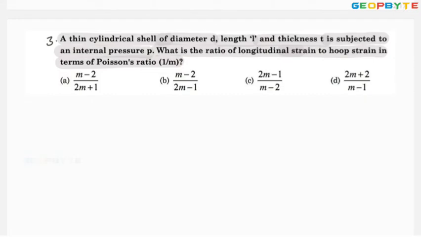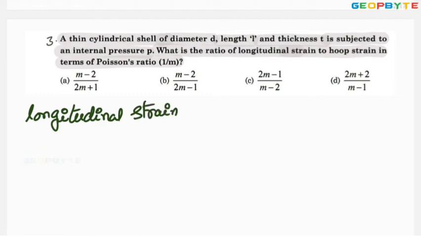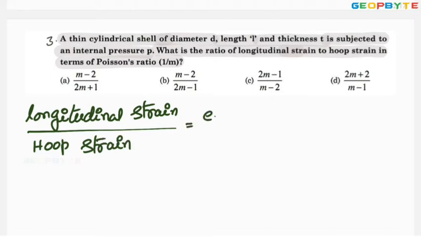You are asked to find the longitudinal strain by hoop strain. Longitudinal strain by hoop strain, EL by EC, is how much?